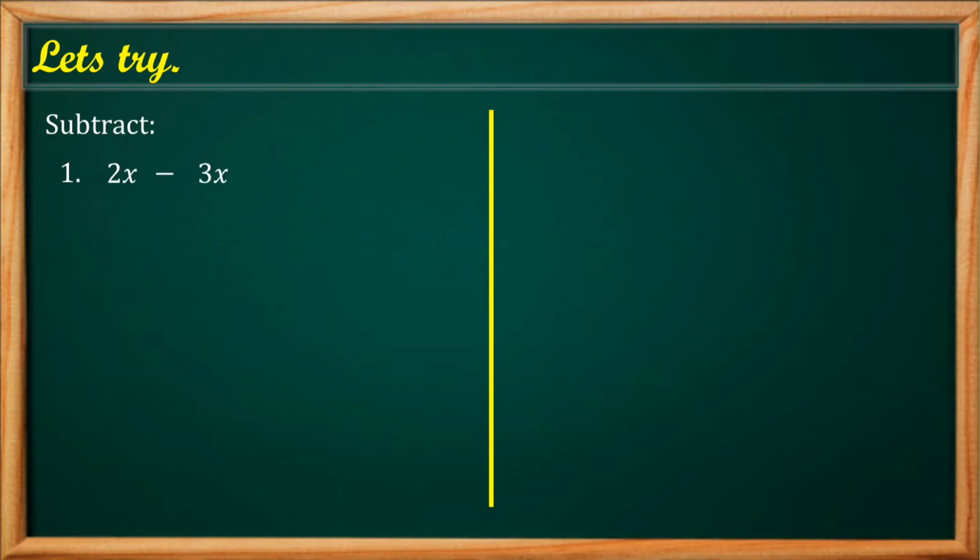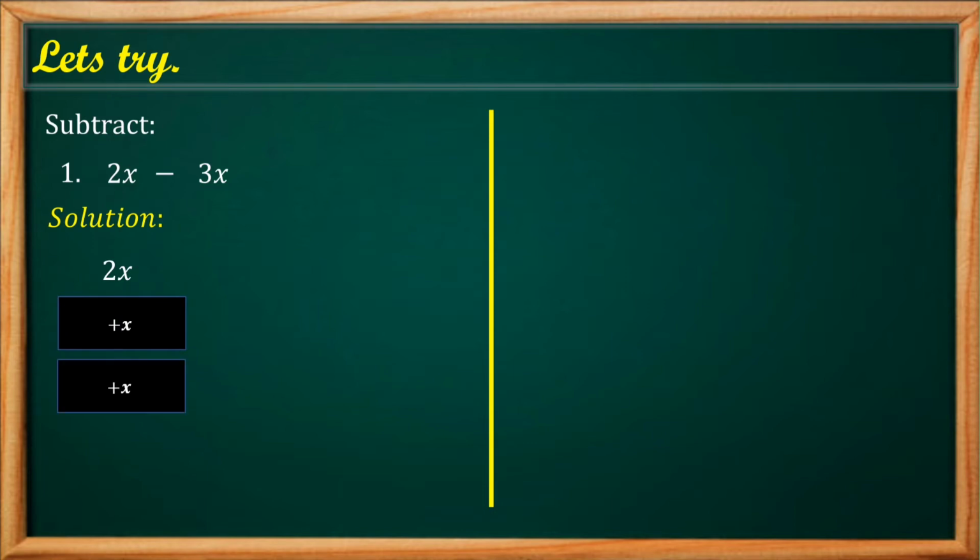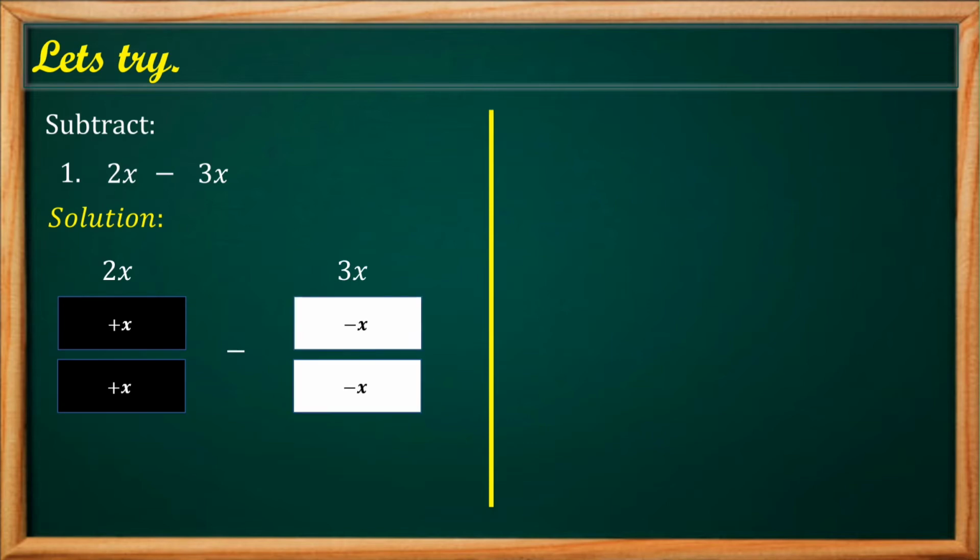Now, 2x minus 3x. Same concept, meron tayong dalawang x. Then, minus, meron tayong tatlong x. Bakit naging negative? Remember, you have here the minus sign, then it is included in the 3x, therefore 3x now is negative.